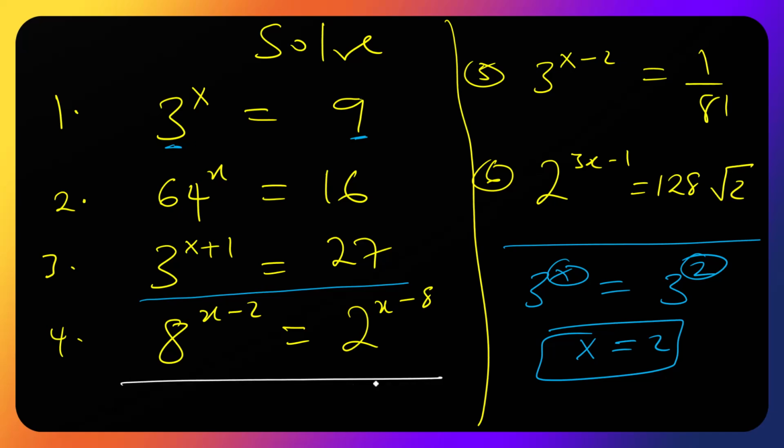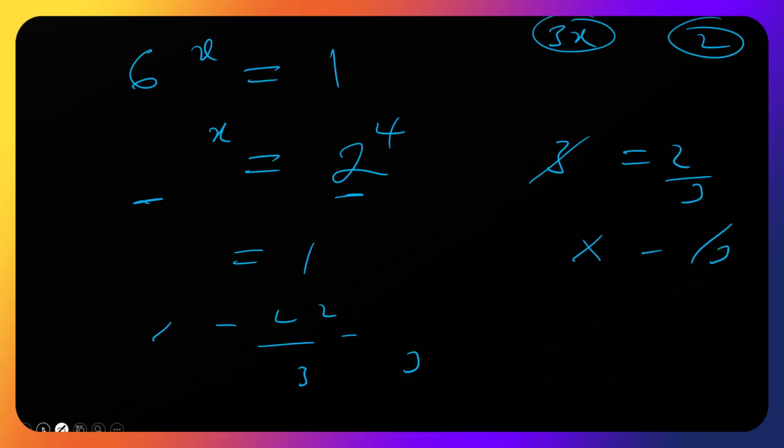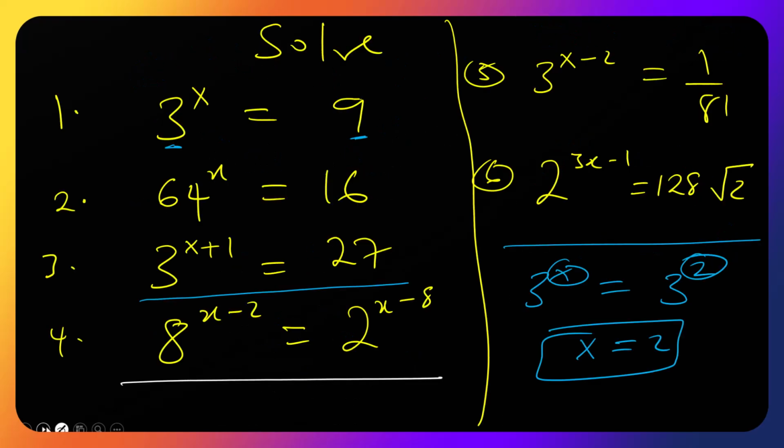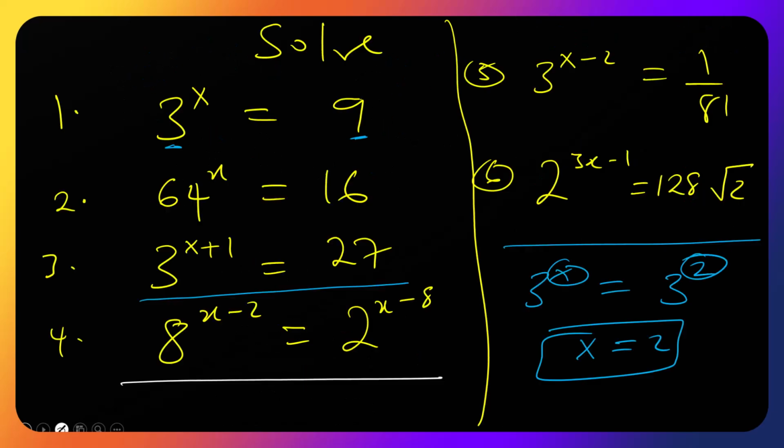Let's look at the fourth example. Now, in the fourth example, this side is 2, and we have no option but to change the left hand side. So we have 8 to the power of x, equals 2 to the power of x minus 8.